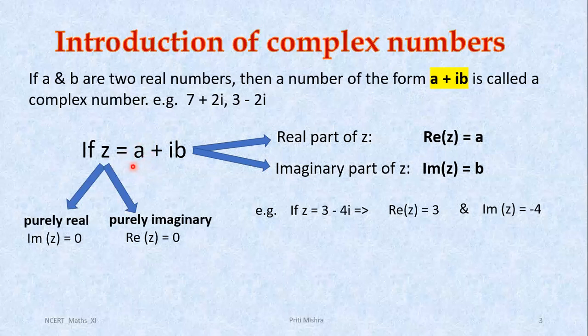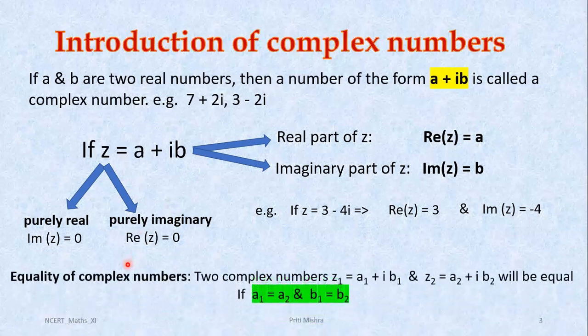And in case its real part is 0, then we remain with z is equal to ib, which is purely imaginary. So for that, the real part of z will be 0 when a complex number is purely imaginary. So these are the conditions for a complex number to be purely real or purely imaginary.